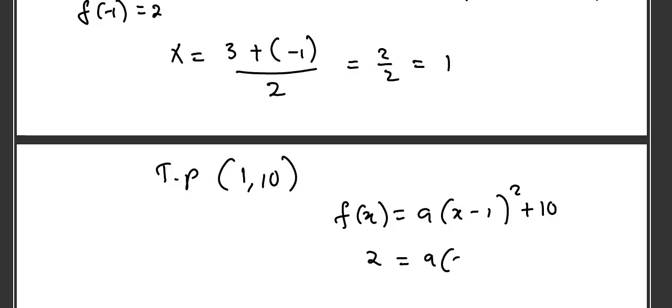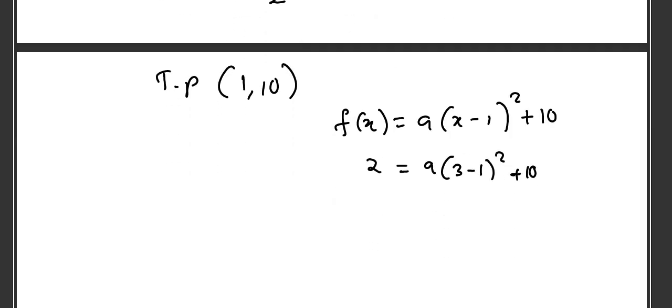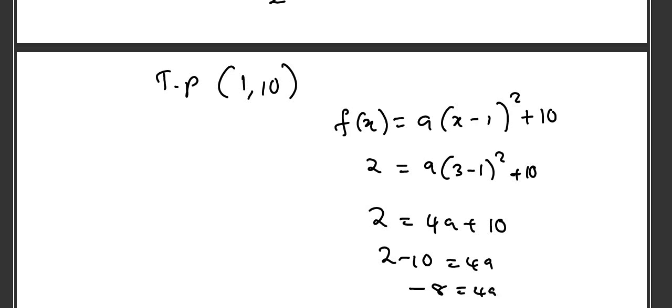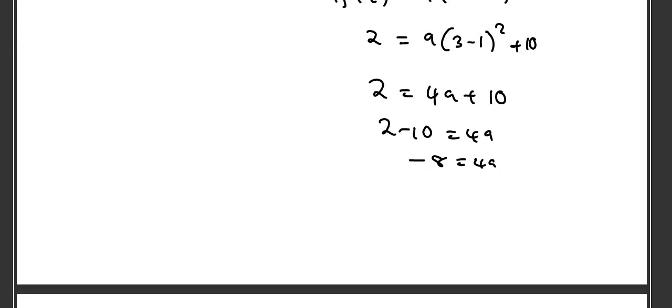If I put 3 there, 3 minus 1, squared, this is going to give us 4a, then plus 10. This is going to be minus 10, so 2 minus 10 is negative 8 equals 4a. This will give us a to be negative 2.